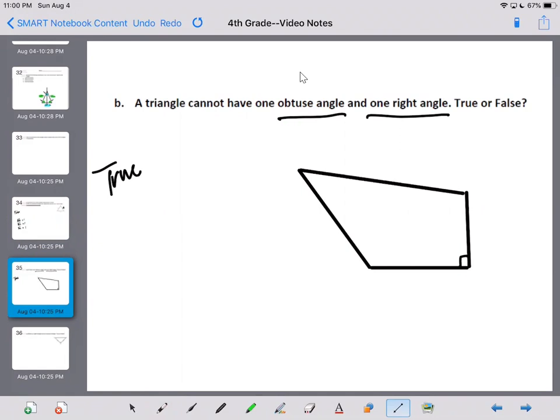You're going to end up having a quadrilateral. So a triangle cannot have one obtuse angle and one right angle. So there's no way to connect the 3 line segments. They're just not going to meet.